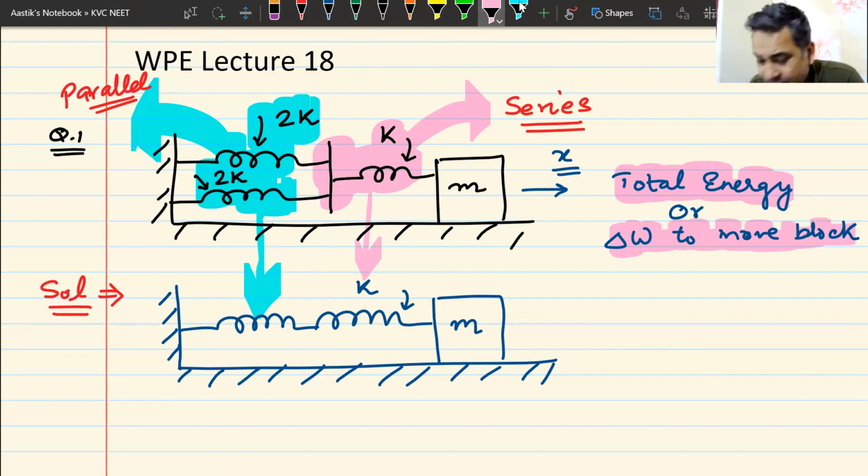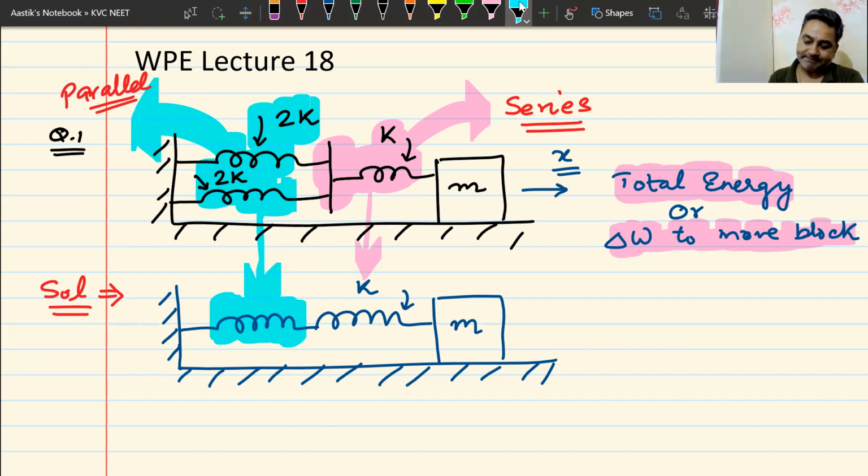Can anyone tell me what will be the spring constant of this blue spring? How do I get it? 2K and 2K are in parallel.